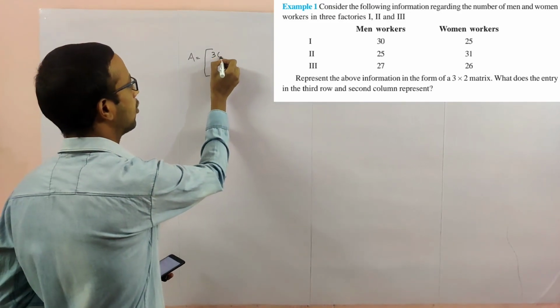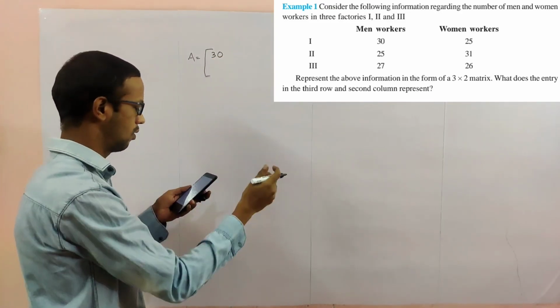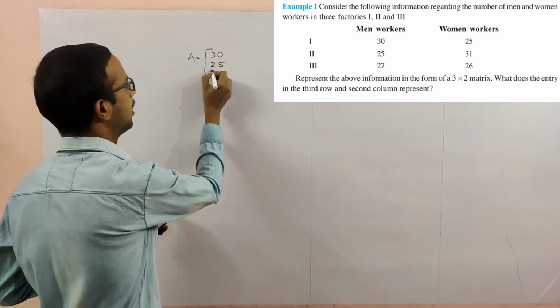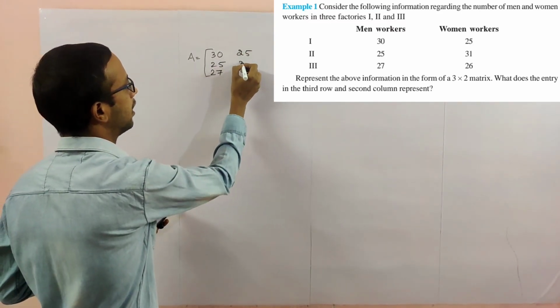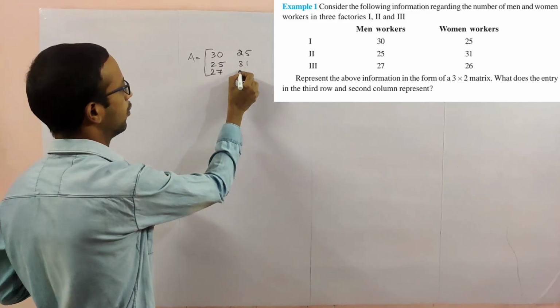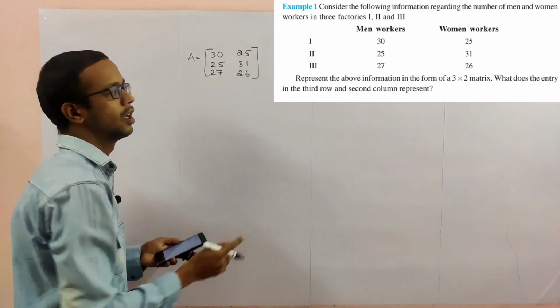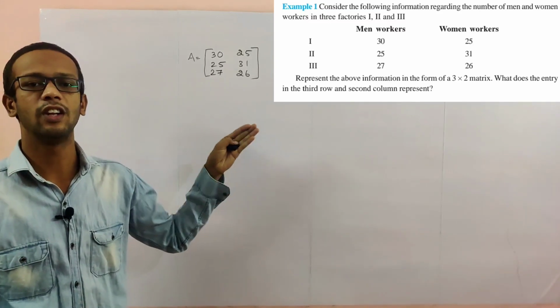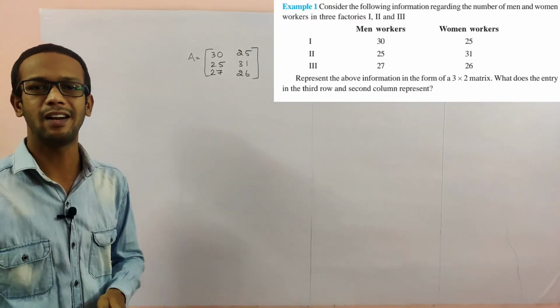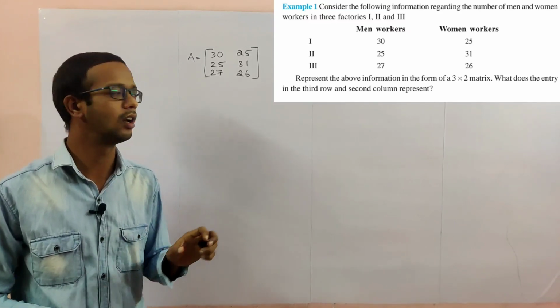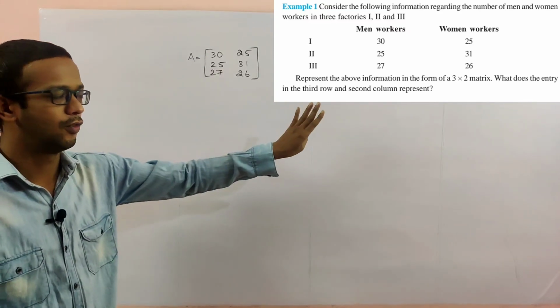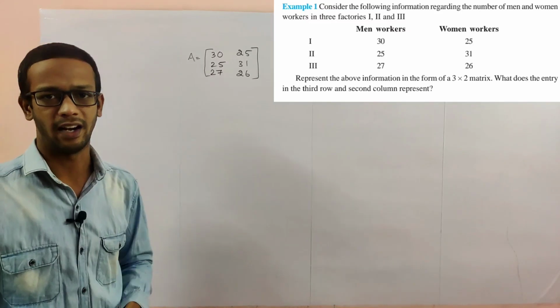You write the question as it is, you have to copy here. 25, 27, next one 25, 31, 26. So the given information is represented as a matrix. Very simple, this question is given just for understanding purposes. Just convert the information to a matrix.